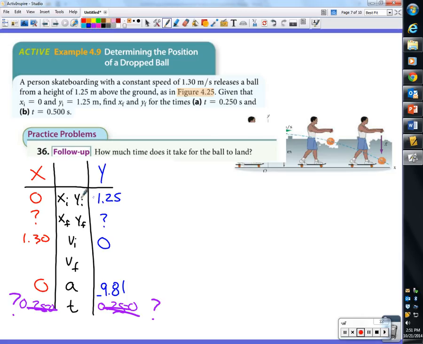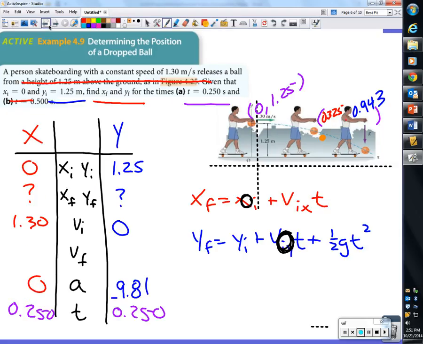Here, initial positions don't change, but Caitlin, you kind of mentioned this before, right? What is our final position going to have to be in this problem? What's y final going to have to be? 0, because going back to this picture, right, when it gets to the ground, even though it's not in the right spot anymore, when it gets to the ground, that's 0 on the y-axis, right, because that's where our x-axis is.